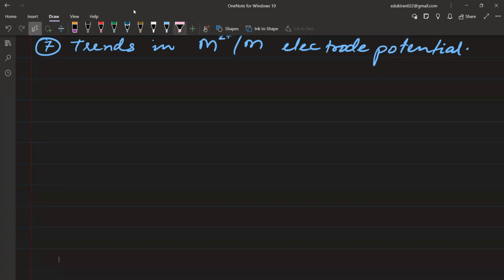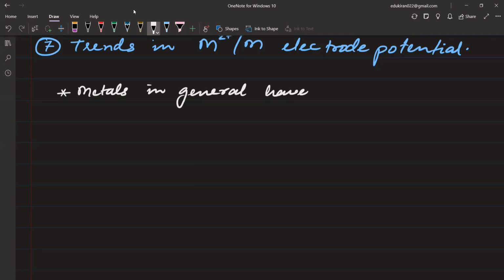See, metals in general have a tendency to lose electron. Have a tendency to do what? Have a tendency to lose electron.